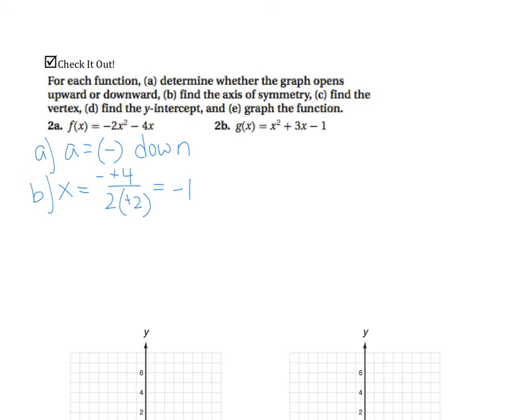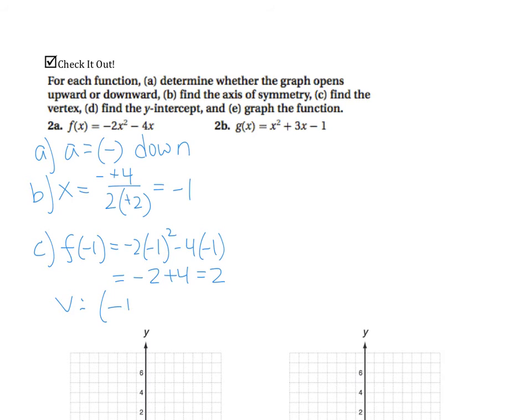So it's -1. The vertex, so I have to put -1 back into the function. One squared is 1, so it's -2 plus 4, which is 2. So the vertex is -1, 2.